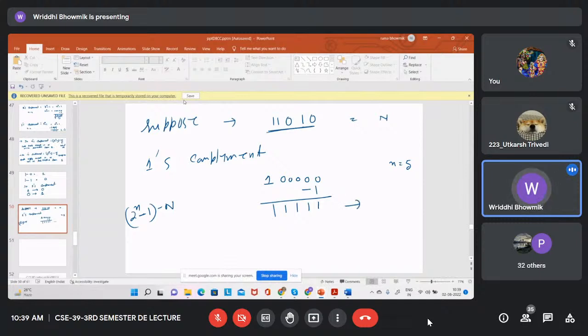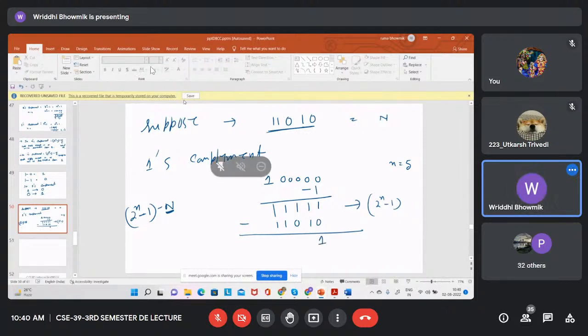Now what will you do? This is actually 2 to the power n minus 1. Now you have to subtract this capital N. So you will write 1, 1, 0, 1, 0. Now you see very carefully, you are actually subtracting either 0 from 1 or 1 from 1. When you subtract 0 from 1, it will give you 1. When you subtract 1 from 1, it will give you 0. The same thing, 1, 0, 0.